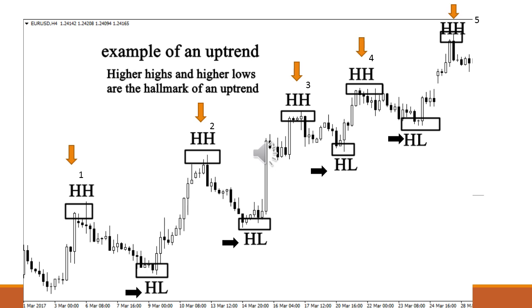What I want you to really understand is that this market is an uptrend market. When the market is in an uptrend, it is not advisable to trade it from the selling direction. What it means is that you will look for price action. What is price action? The candlestick formation.